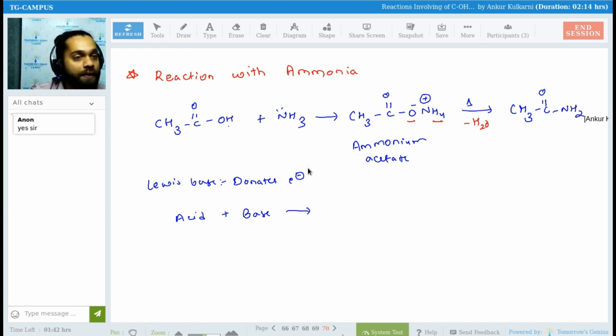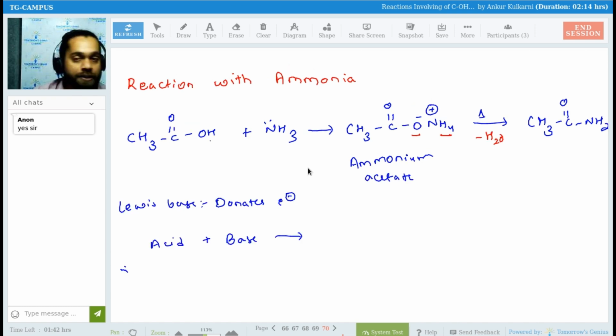Which functional group is this? Prashanti, Bhuvneshri, which functional group is this?